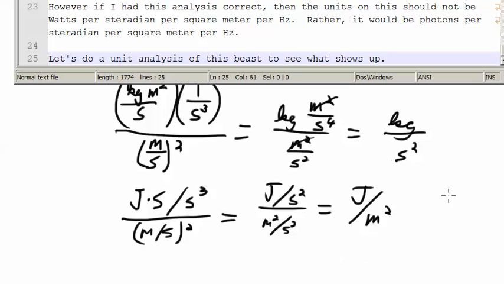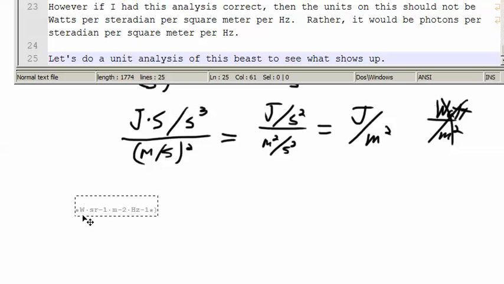Still don't like it because I wanted something in the form of watts per meter squared, but let's compare it to what I said we would get, which was watts per steradian per meter squared per hertz. That actually, I think that looks promising. Watts is a joule per second.